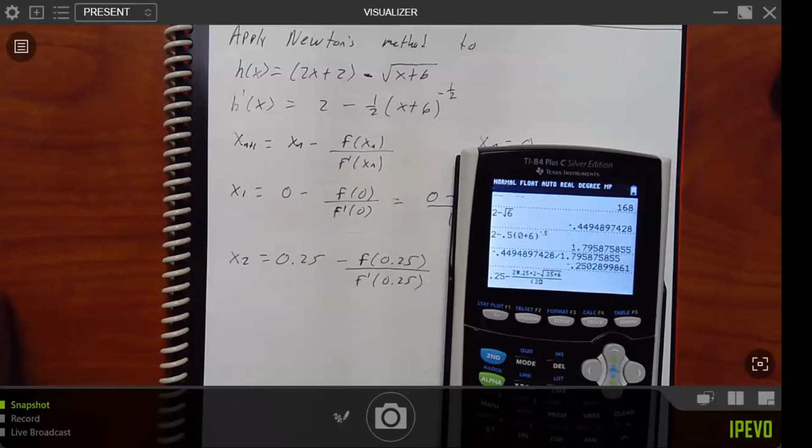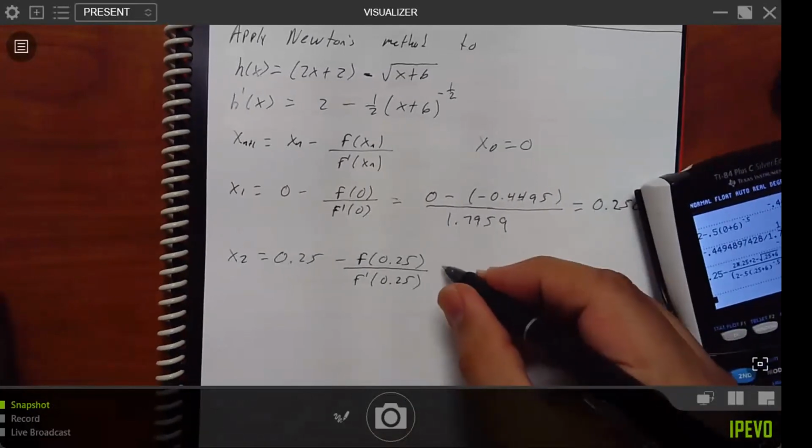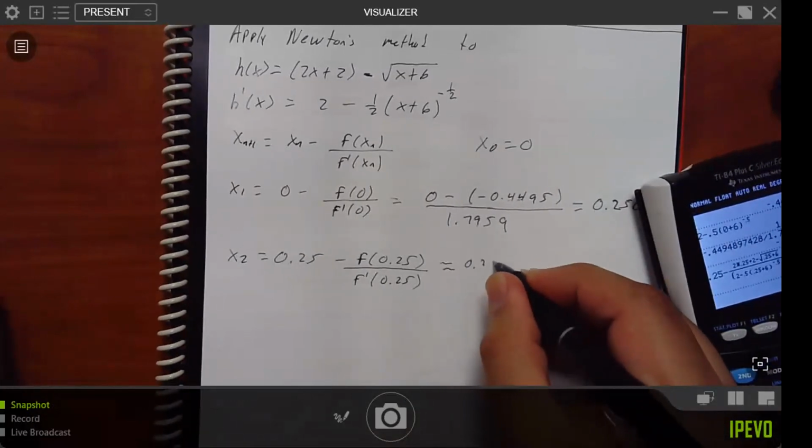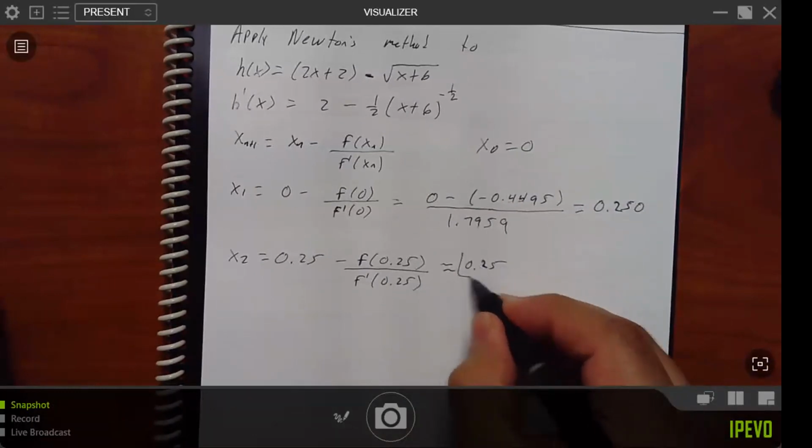Down here, we'll put 2 minus 0.5 times 0.25 plus 6 to the negative 0.5. Yeah, see how it doesn't change much? When you do it again, it's the same thing. So that's our answer.